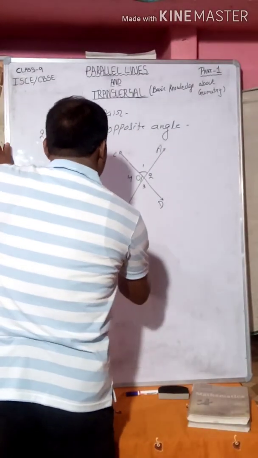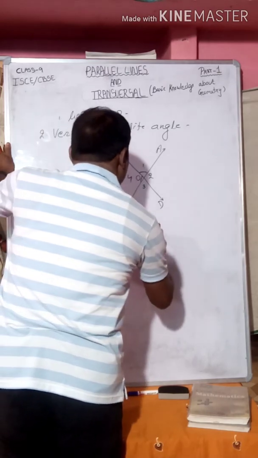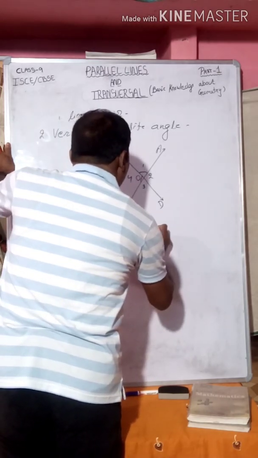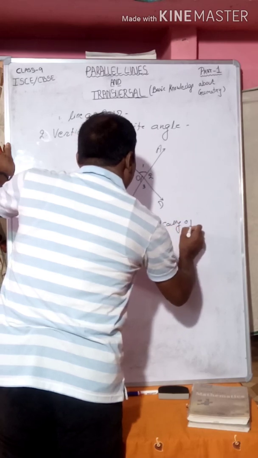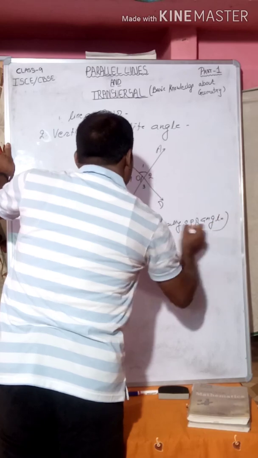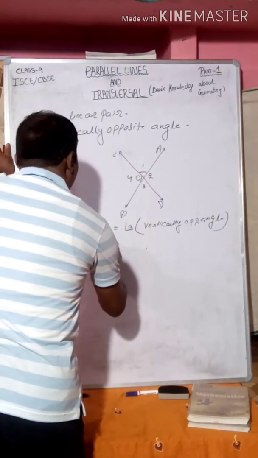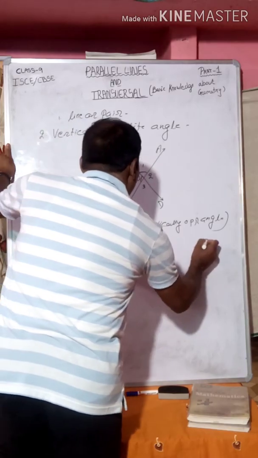So angle 1 is equal to angle 3. Vertically opposite angles are equal. Likewise, angle 2 is equal to angle 4. It is also a vertically opposite angle.